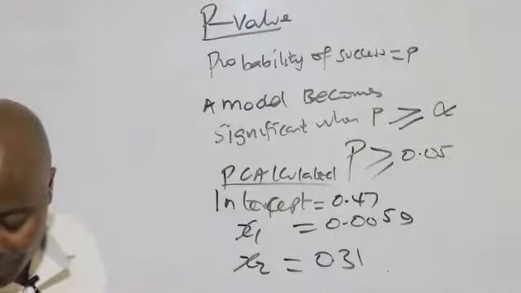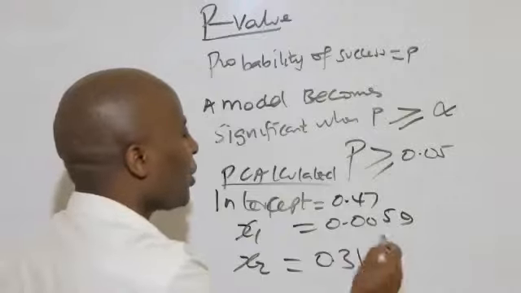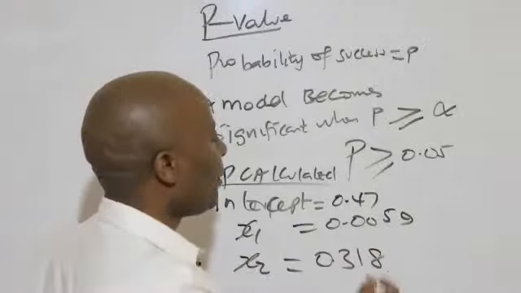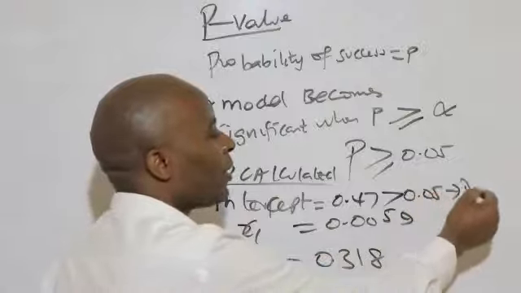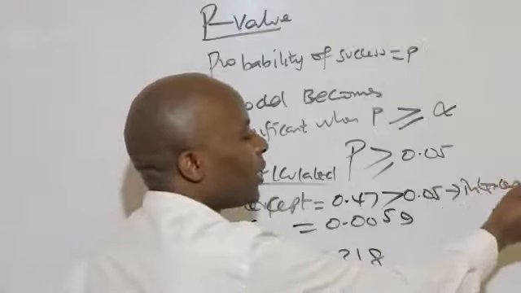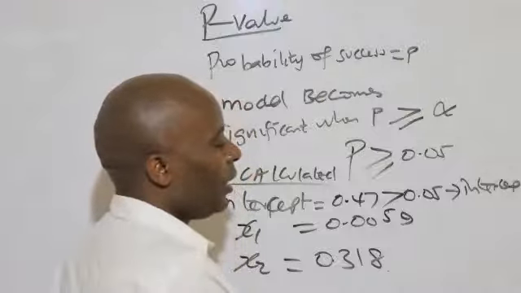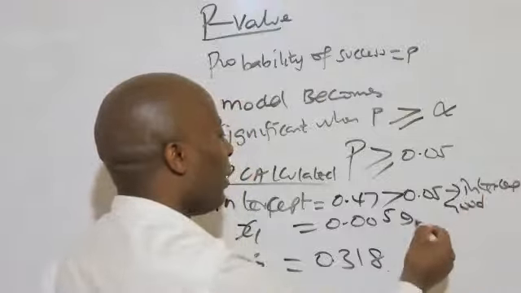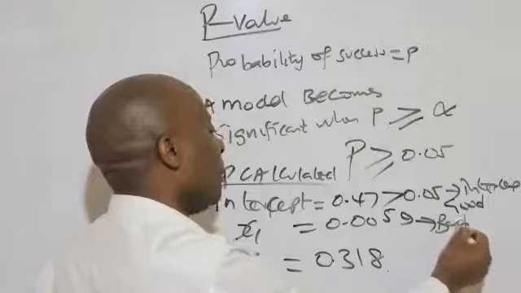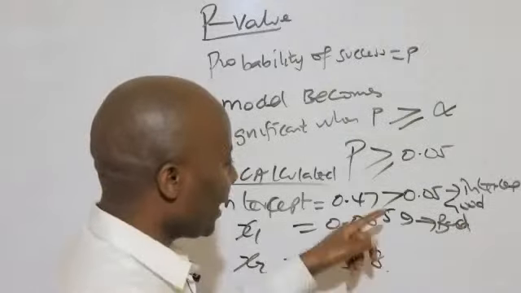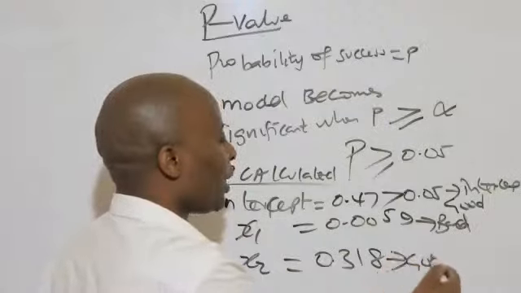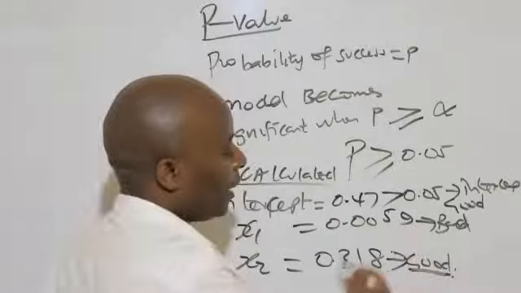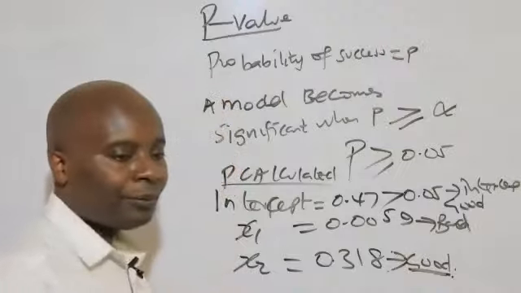So, ladies and gentlemen, at least the intercept is good because the intercept is more than 0.05. So the intercept has passed the goodness test. How about this? This is bad, because you can see this figure is less than. This is good. It has passed the test of goodness.